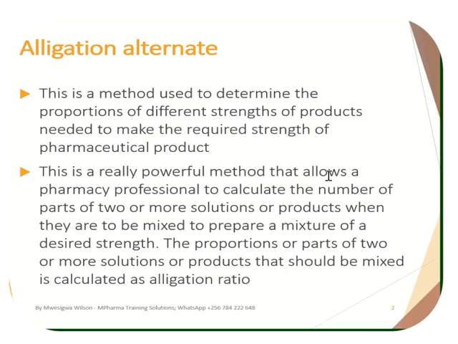This is a method that allows pharmacy professionals and other professionals to calculate the number of parts or proportions of two or more solutions or products when they are to be mixed together to prepare a mixture of a desired strength. So what we get are proportions or ratios or parts of two or more solutions and how they should be mixed after the calculation.